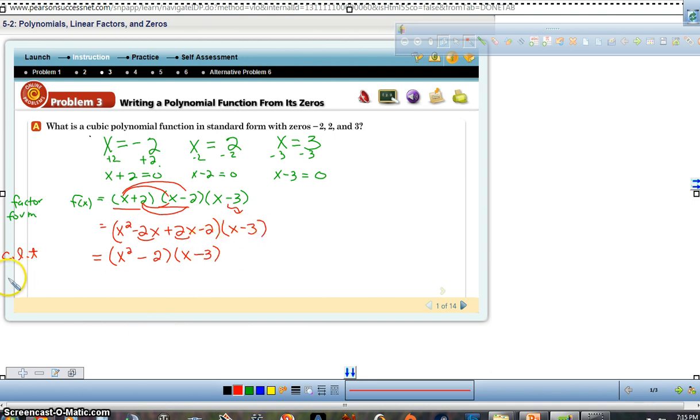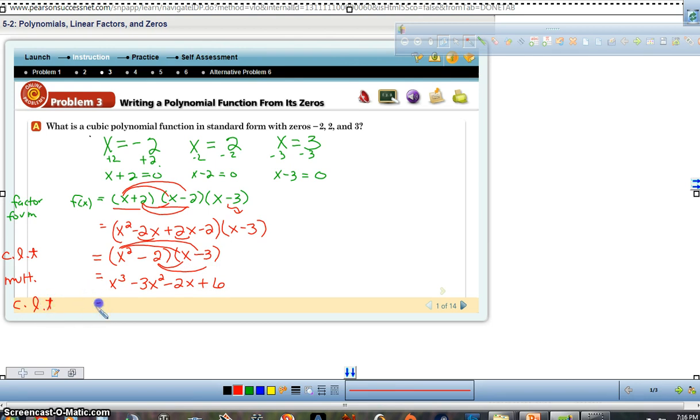And then I'm going to multiply again. x squared times x, x cubed, x squared times -3, -2 times x, -2 times -3, so plus 6.